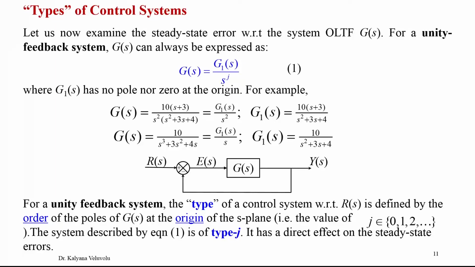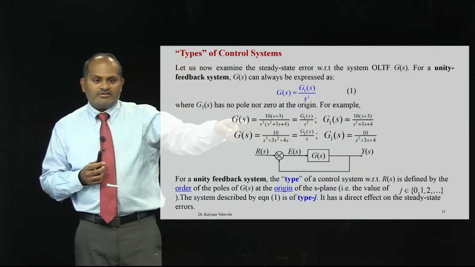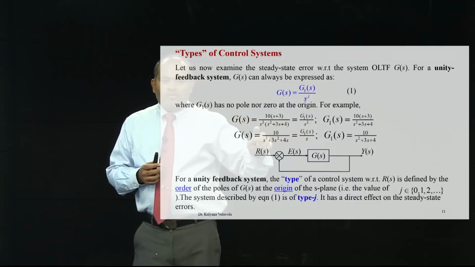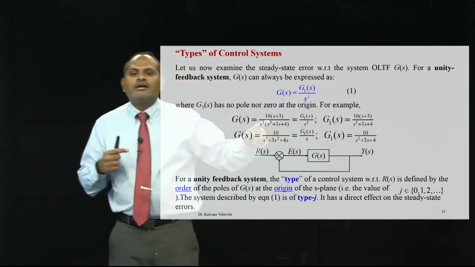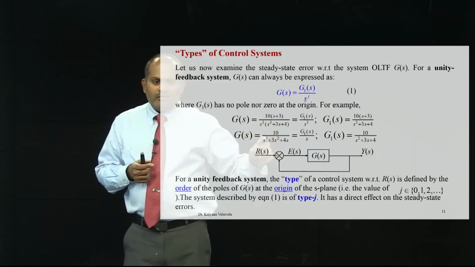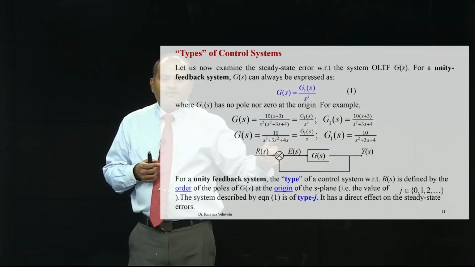The number of poles at the origin will tell us the type of the system. If you look at the various transfer functions here, this one has 2 poles at the origin, so this is what we call a type 2 system. Here you have 1 pole at the origin, and we call this a type 1 system.